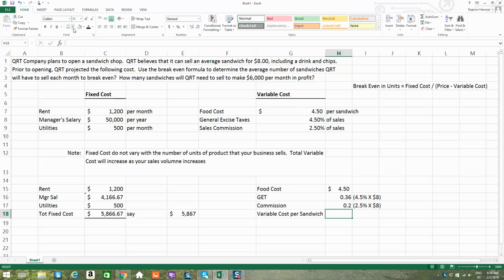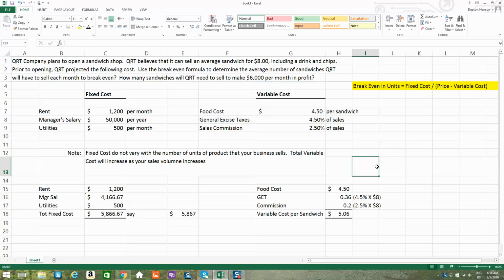So all I really have to do is plug that into my break-even formula, which I have over here on the right. And I can figure how many sandwiches I have to sell, considering this cost structure, to cover all of my costs for the month. So let's do it.